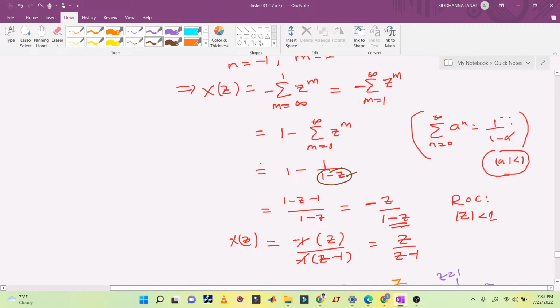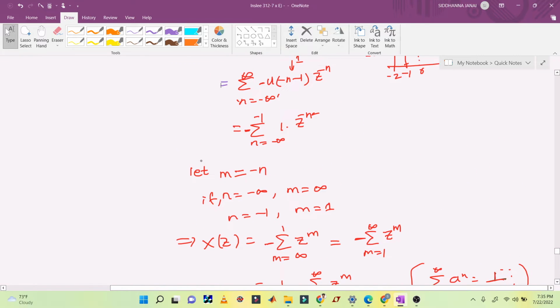So 1 divided by 1 minus a, provided that magnitude of a is less than 1. Similarly here 1 divided by 1 minus z, provided that magnitude of z is less than 1. So based on this, ROC is less than 1, because it is a left-sided sequence.